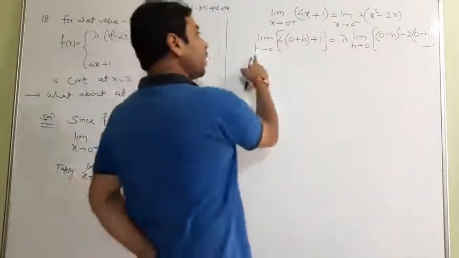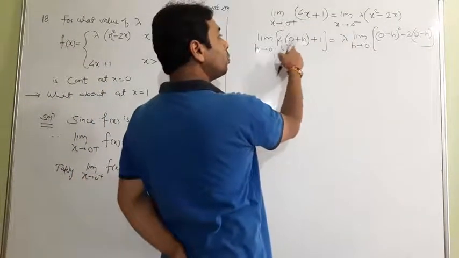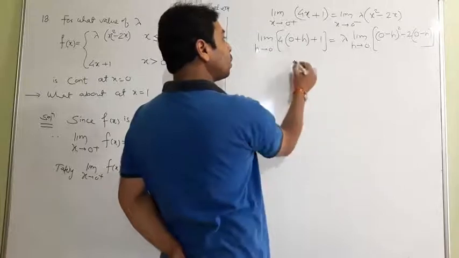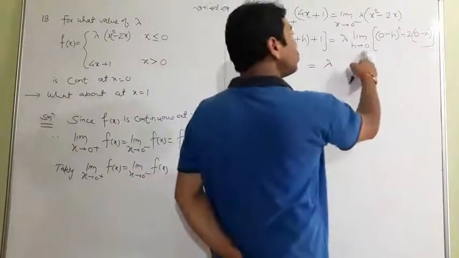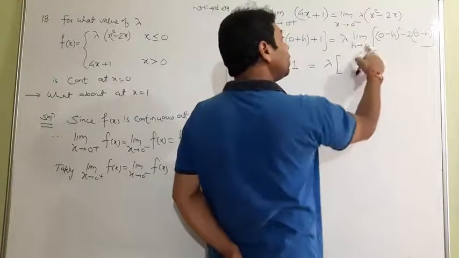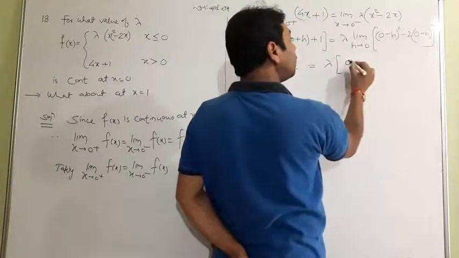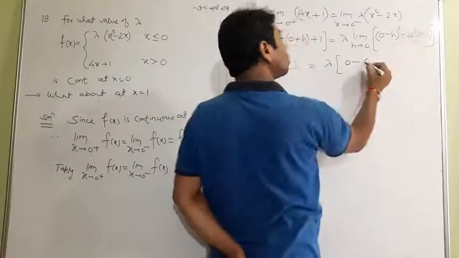What about here? When h is going to 0, 4 into 0 plus 1 is 1, and here it is lambda. When h is going to 0, look properly, 0 minus 0 into this, 2 into 0.